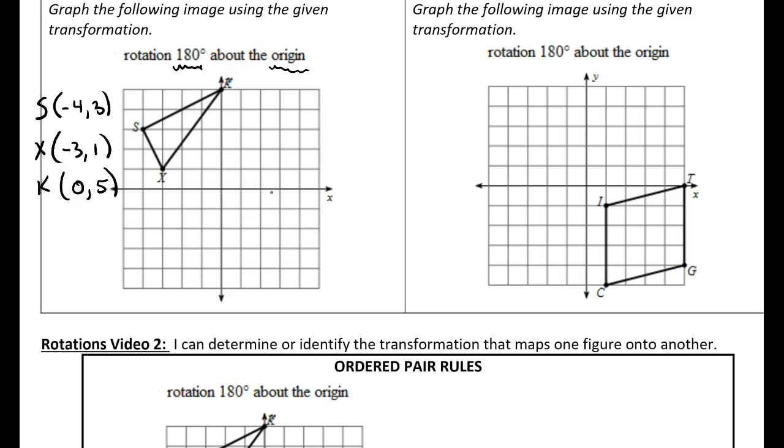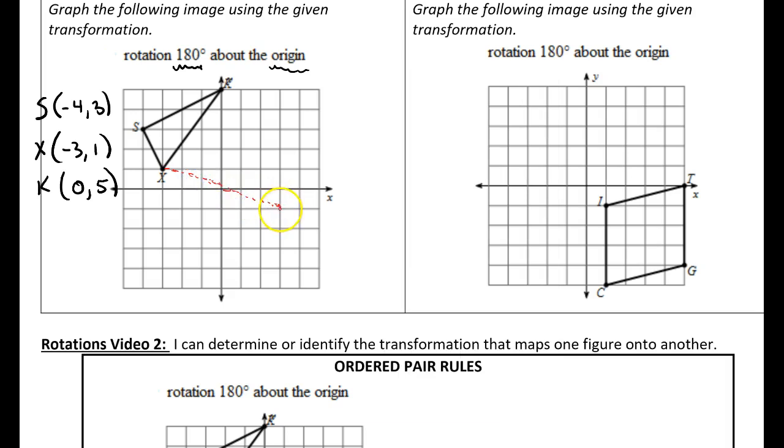So let's connect point X to the origin. And when we rotate this 180 degrees, what you want to picture is that X is attached to the origin by this red dashed line, and then we're going to rotate it 180 degrees around over to here.